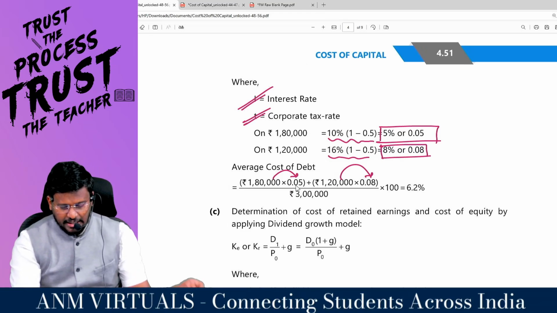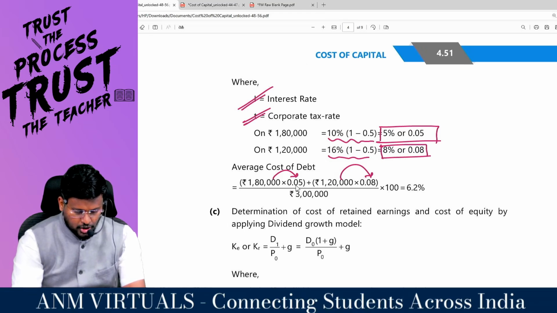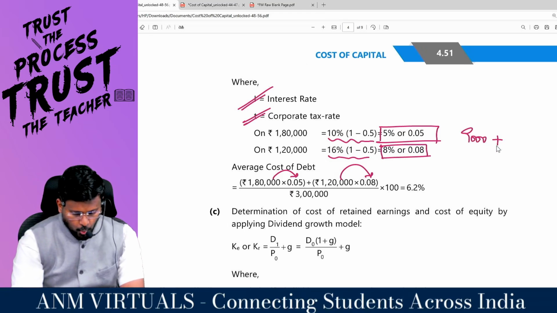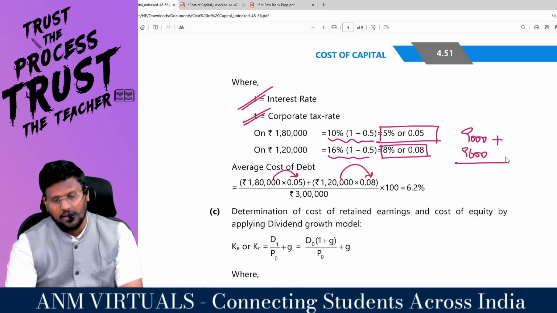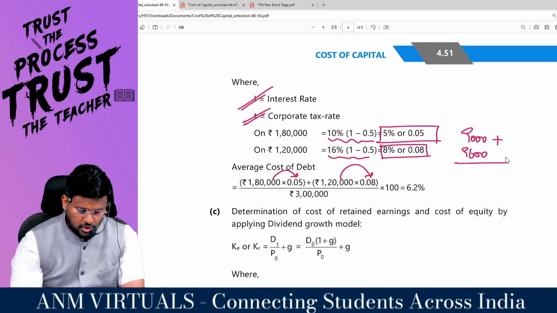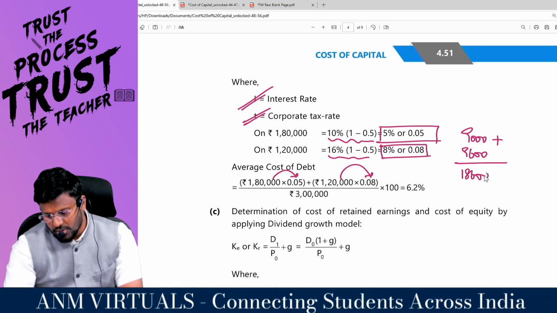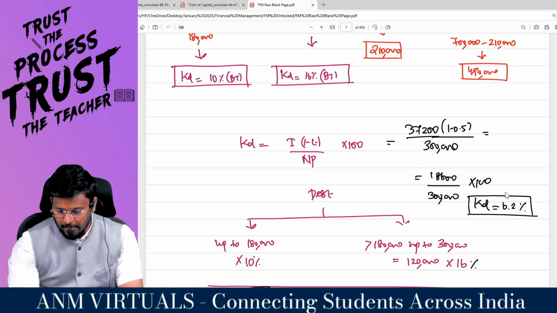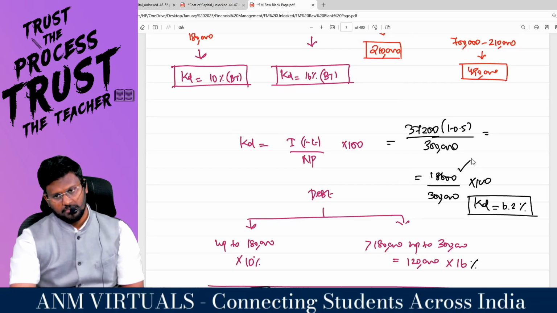So 1,80,000 into 5% gives 9,000, plus 1,20,000 into 8% gives 9,600. So 9,000 plus 9,600 comes to again 18,600. The same we also got when we did the sum.